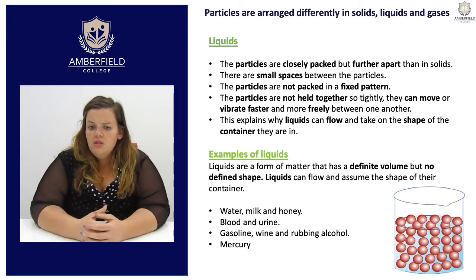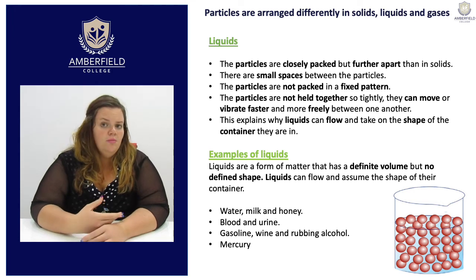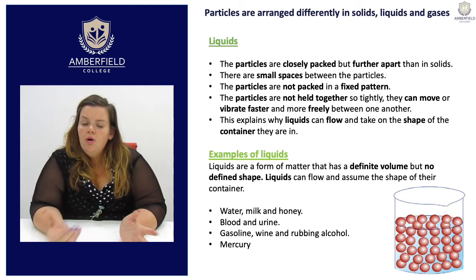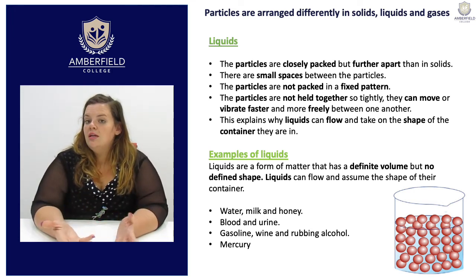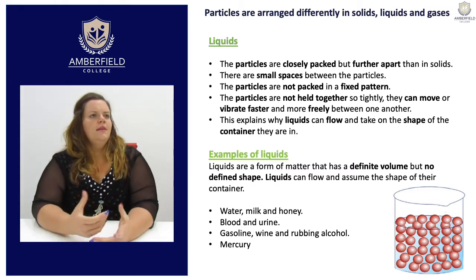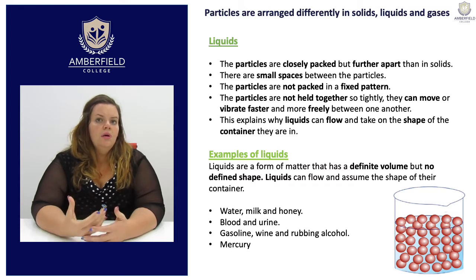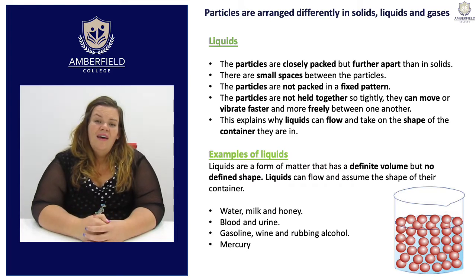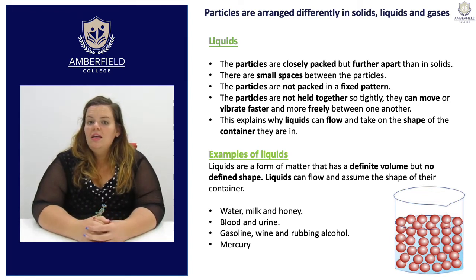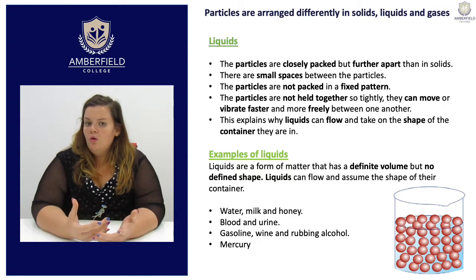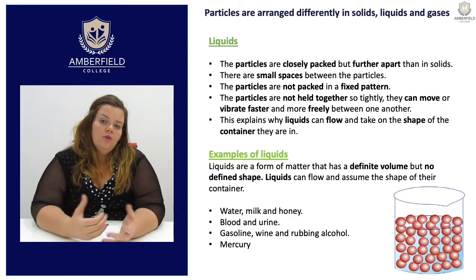So liquids can flow and assume any shape they want, depending on the container they are in. Now, an example of this could be water, milk, honey, and yes, blood or urine. Other examples could be gasoline, wine, or rubbing alcohol, and even mercury.